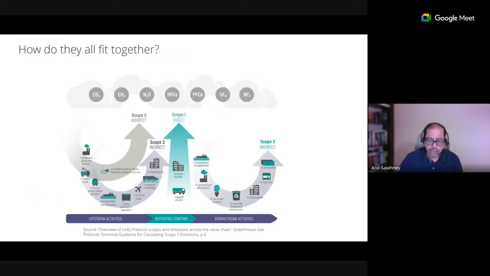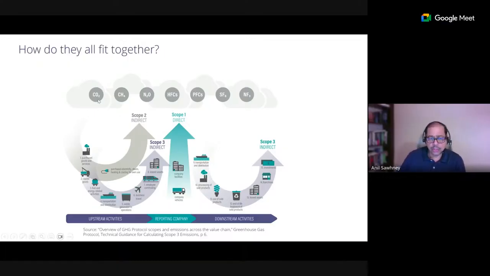So this is from the GHG protocol's website. The greenhouse gas emissions protocol's technical guidance shows you how scope 1, scope 2, and scope 3 all fit together. These are your GHG emissions that we talked about yesterday, the Kyoto gases or the Paris Protocol gases.